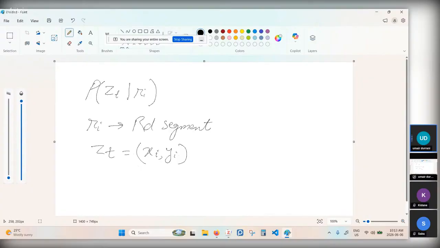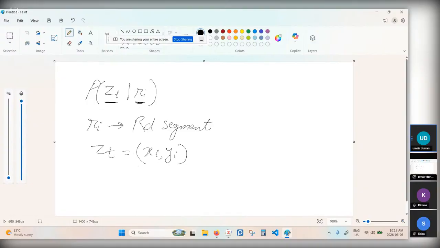And so our probability is that, assuming that the vehicle is on the road segment Ri, what is the probability that we will get those coordinates that we got from the floating car data? How likely is it that we will get exactly these coordinates if the vehicle was on Ri?